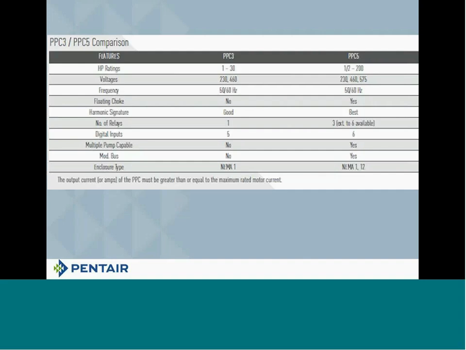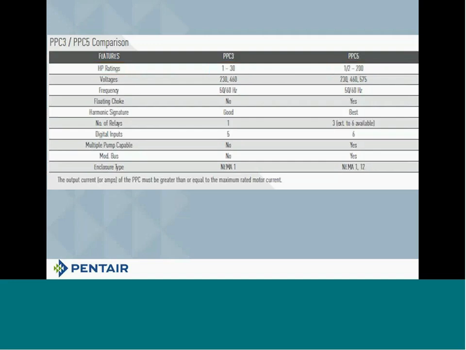All right? Now, I want to talk a little comparison here between the PPC-3 and the PPC-5. And when you look at them, you're going to notice that the horsepower rating on the PPC-3 is 1 through 30 horse. The horsepower rating on the PPC-5 is half through 200 horse.